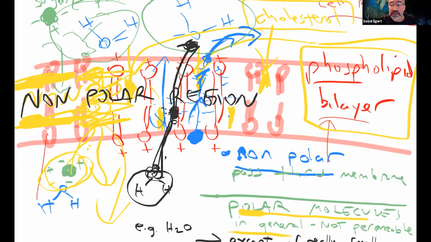People talk about it kind of like a bullet. Even if the bullet would rather stay here, by the time it realizes that it's more attracted here, it finds itself on the other side. So really small polar molecules can pass through the membrane.